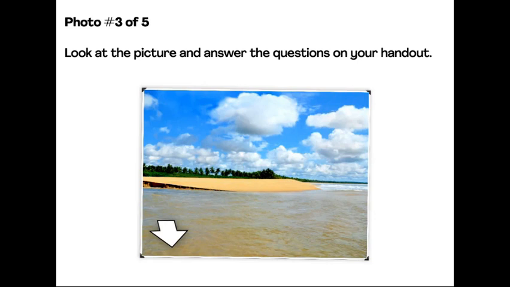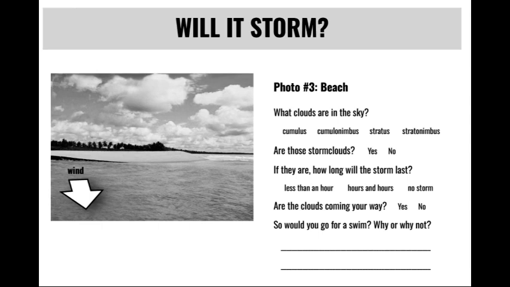All right, so let's look at the third picture and do the same thing. Look at the direction of the arrow, look at the clouds in the sky, and fill in the questions on photo 3.